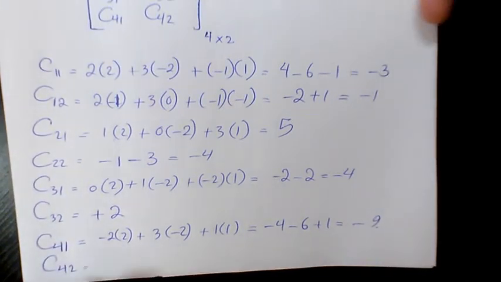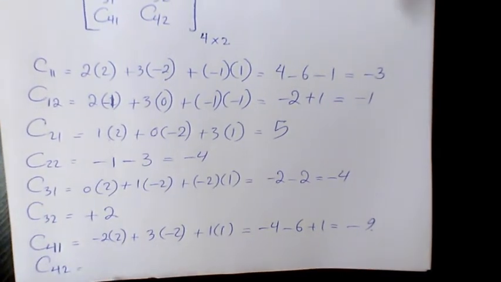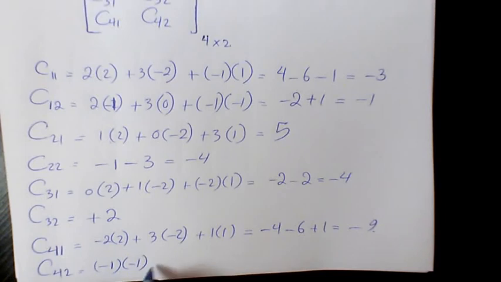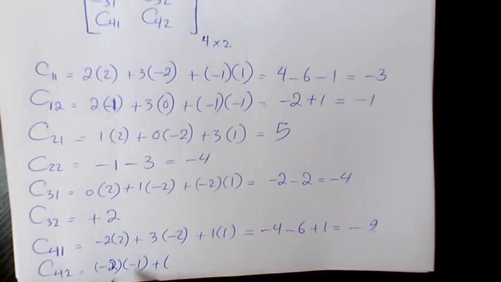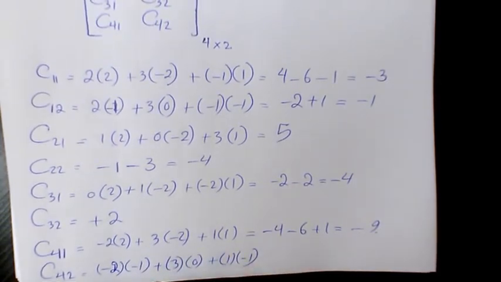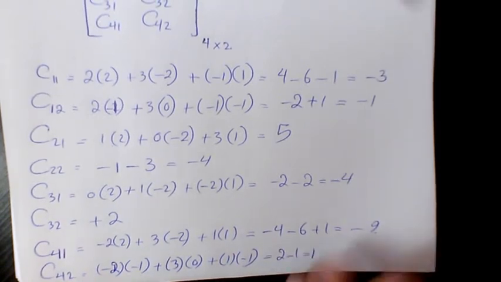C42 is going to be negative 1 times negative 1 plus negative 2 times negative 1, 3 times 0, 1 times negative 1. It's going to be 1 plus 2 minus 1, which is 2.